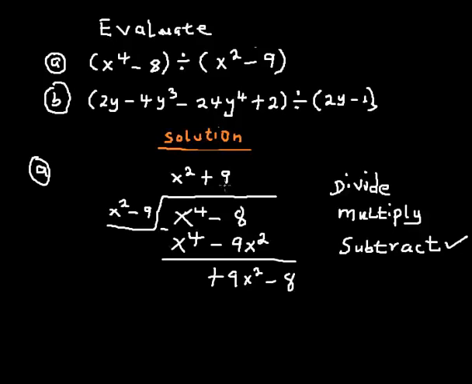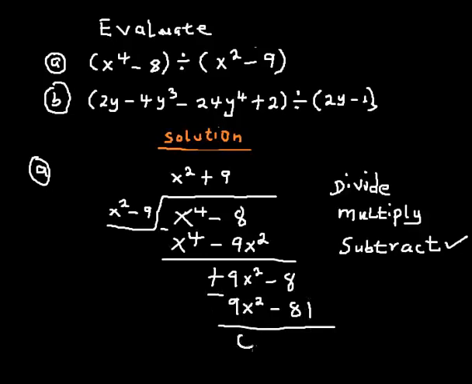Then I multiply. Multiplying 9 by x squared, I have 9x squared. Then 9 multiplied by minus 9 gives minus 81. So I subtract again.